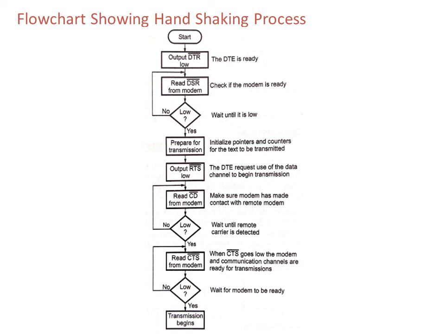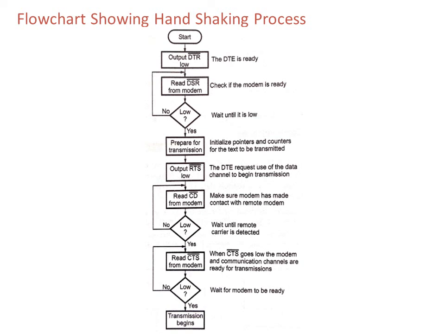Now, if the CD bar signal is low, that means the remote carrier is detected. The next step is to check whether the CTS bar signal is low. When CTS bar goes low, the modem and the communication channel are ready for transmission.